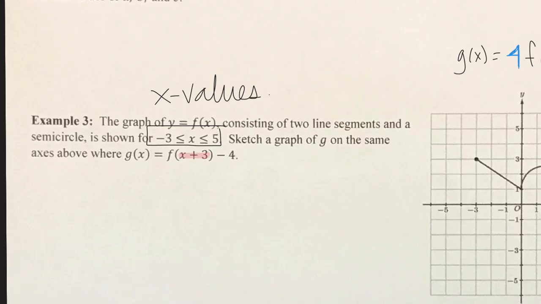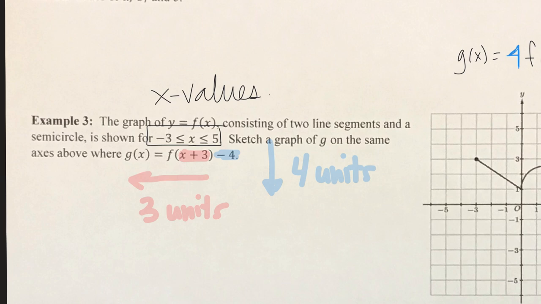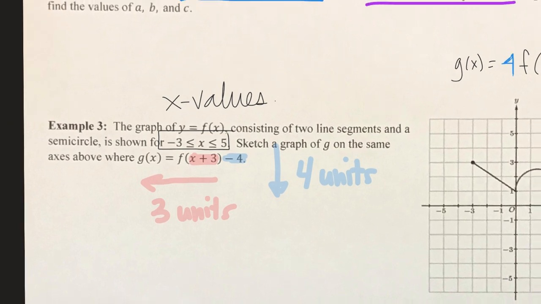So f of x plus 3, what direction does every x value go? Left 3 units. We go with the x values, and our y values go 4 units down. So we're going to do this with every point. We're going to move it 3 units left and 4 units down.